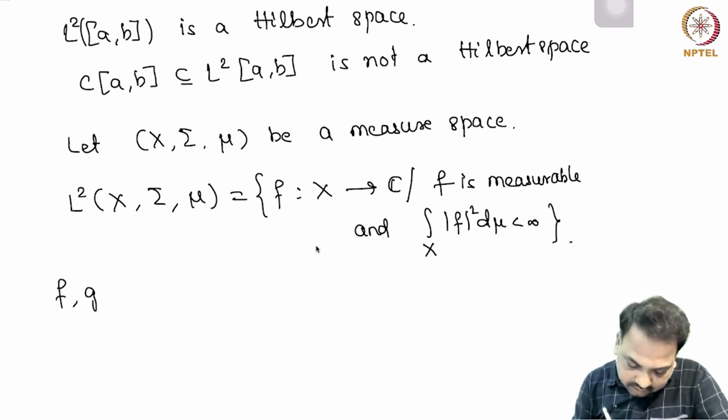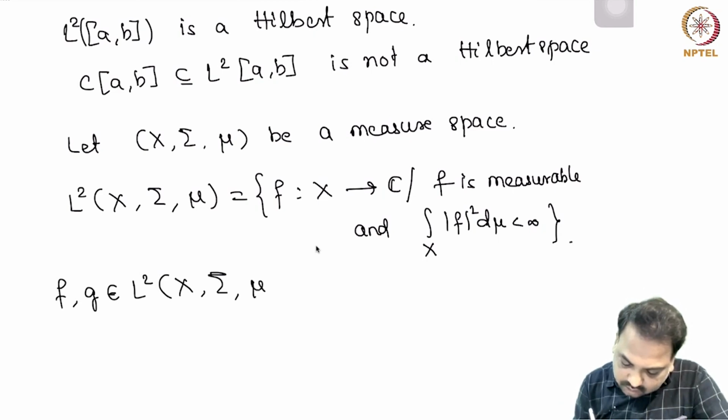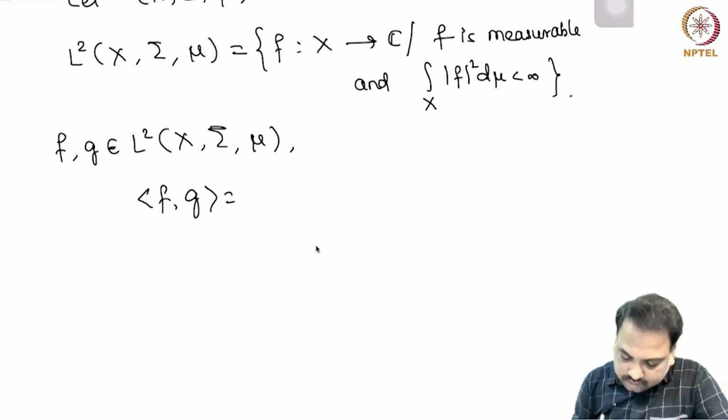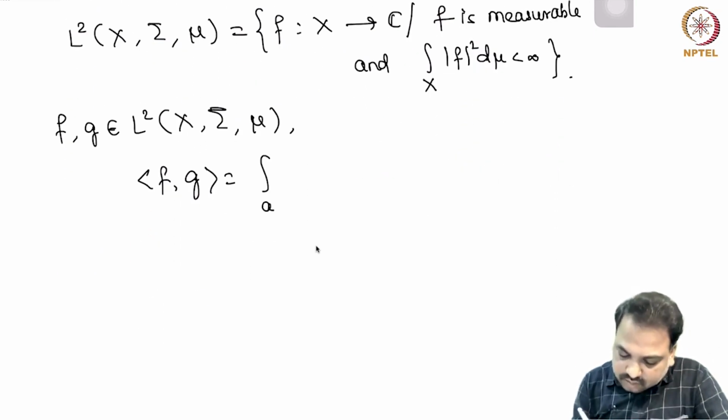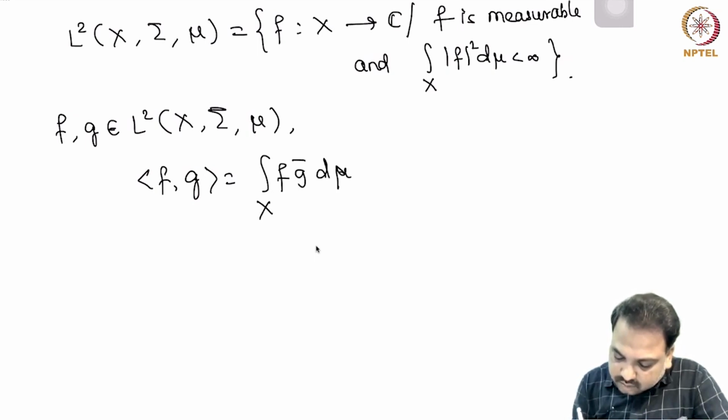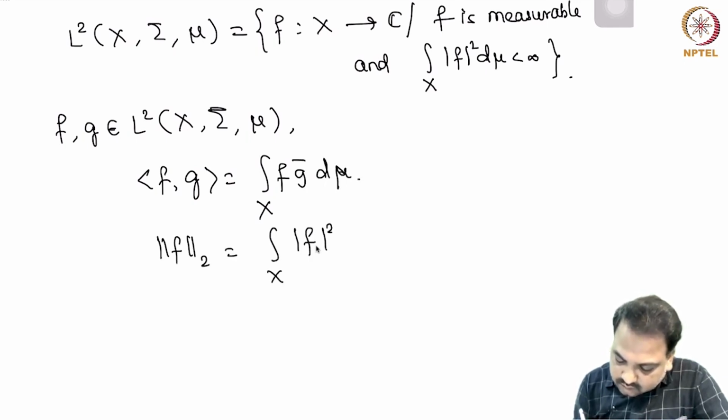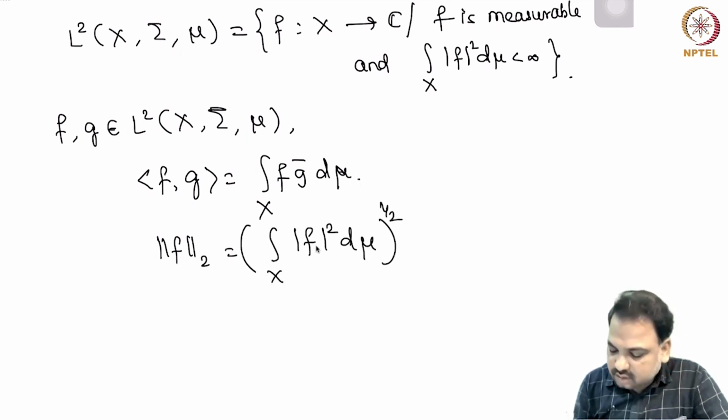So if you take f, g from L2 of (X, sigma, mu), we can define the inner product as integral over X f g bar d mu, and the induced norm in this case is nothing but integral over X mod f square d mu to the power of one half. So this is the induced norm.